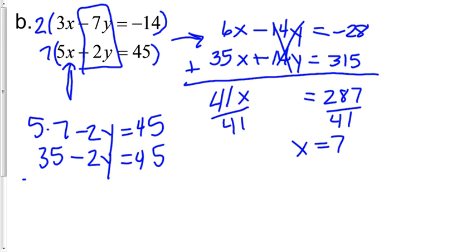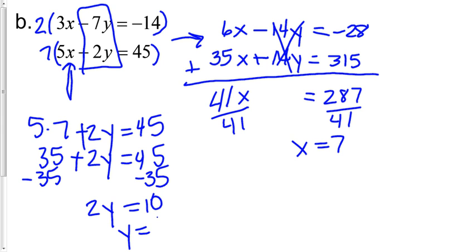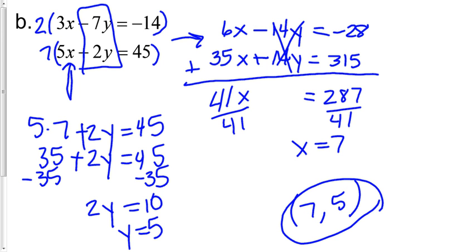We can subtract 35 from both sides to get, oh, I'm sorry, this was a plus 2y originally. I just have covered it up with my pen. So that was a positive 2y. So positive 2y equals 10, and y equals 5. Okay, so now our ordered pair is 7, 5. And again, what this represents really is the intersection point of these two graphs.